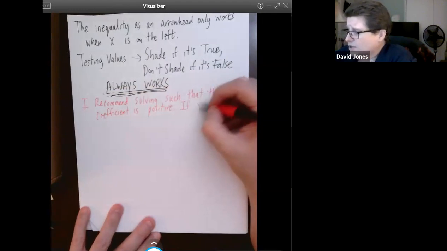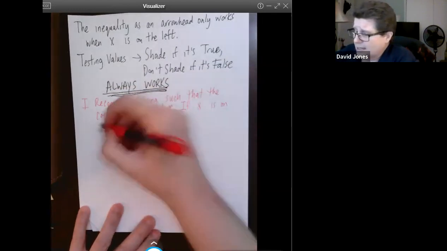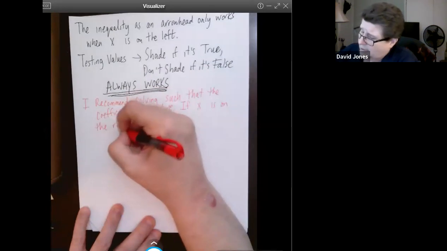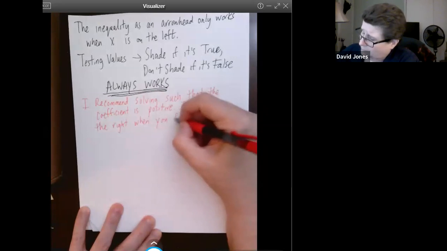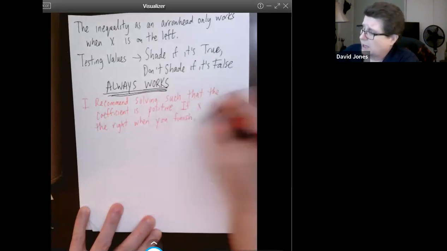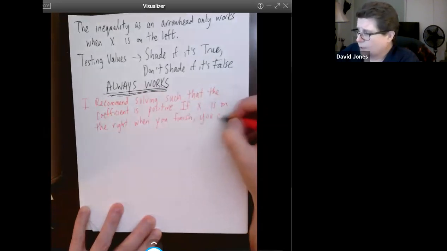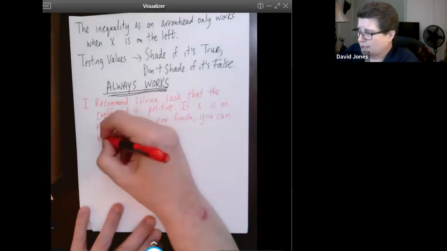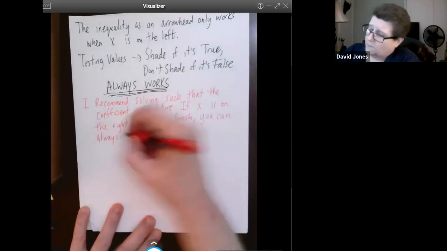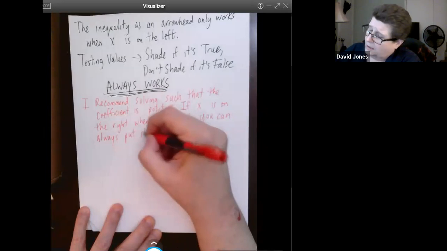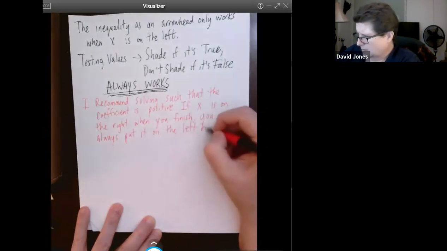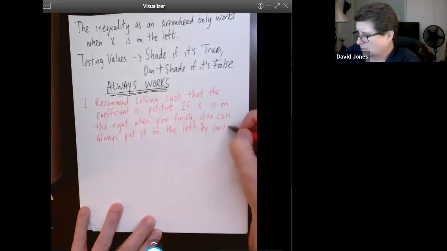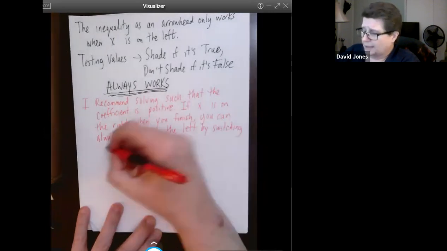If x is on the right when you get to the end, or when you finish, you can always put it on the left by switching the inequality. Switching or flipping the inequality.